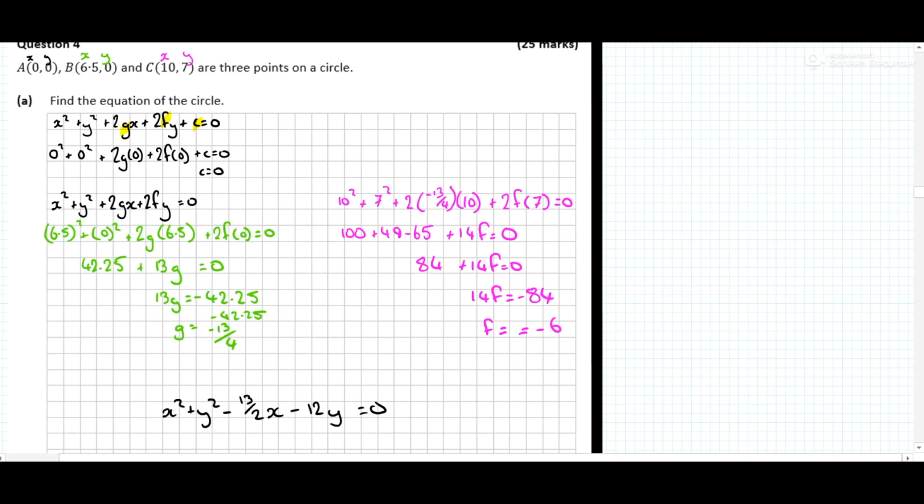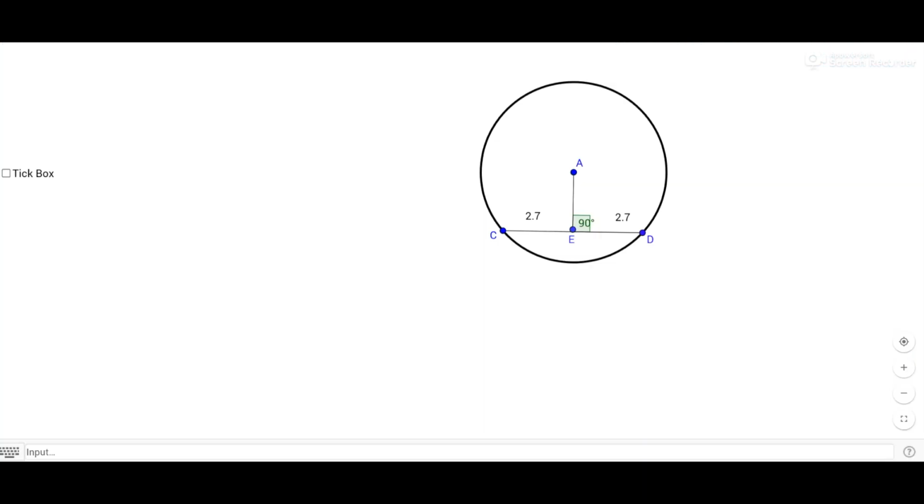So for example, find the midpoint between 0, 0 and 6.5, 0. Then we could find the perpendicular line to it. Okay, so a perpendicular bisector to a chord. Bisector means it has to go through the halfway point of the chord. Perpendicular bisector. What we find is all perpendicular bisectors of chords go through the center of the circle.